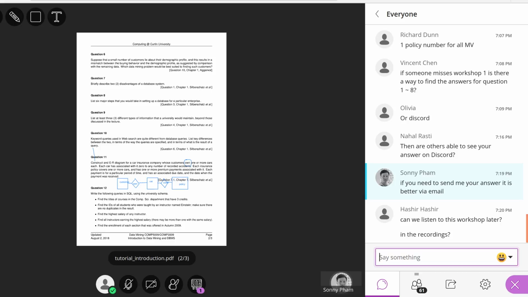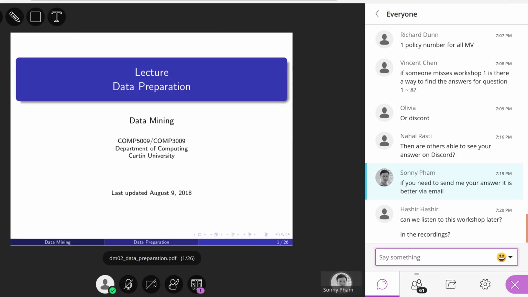But otherwise, what I would like to do now is move to the main topic of the second workshop on data preparation. Right, this is something for everybody to be ready for the practical next week.